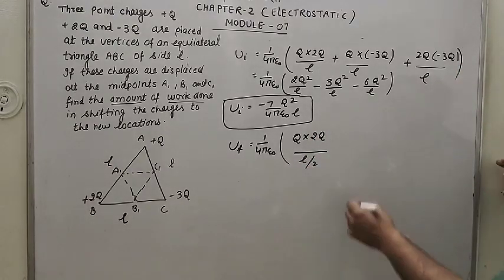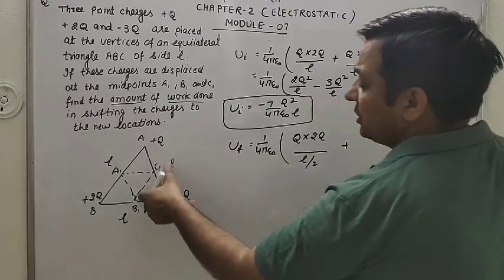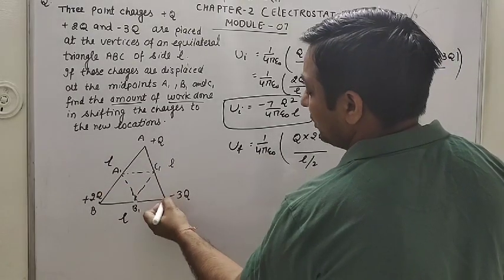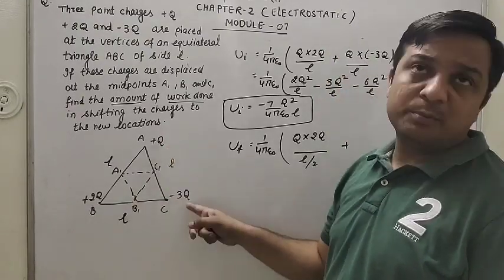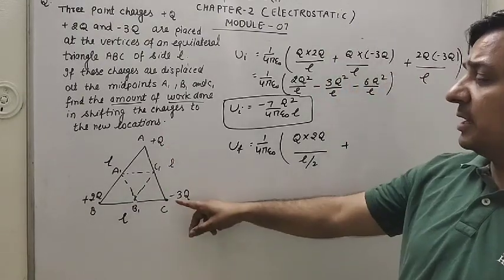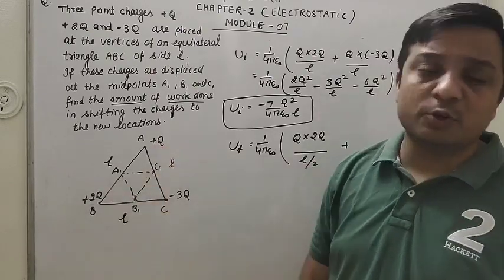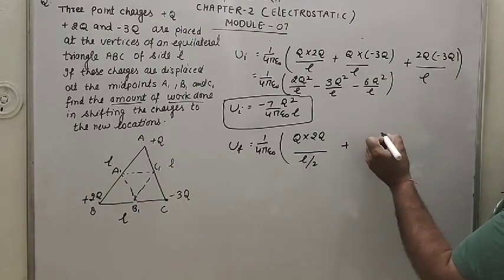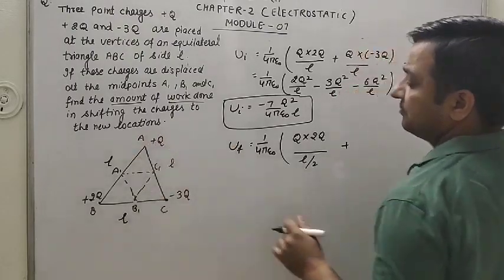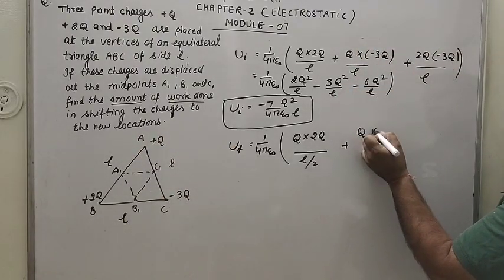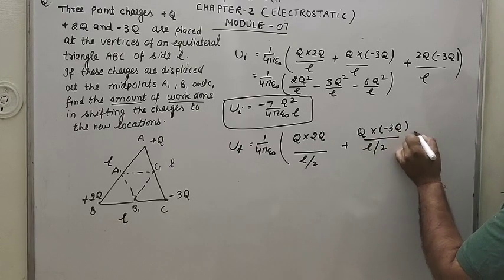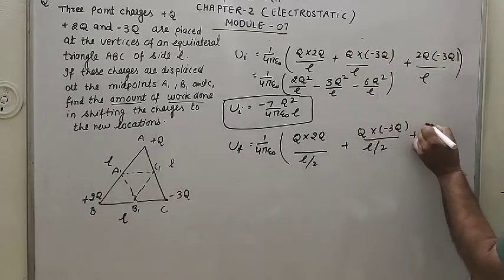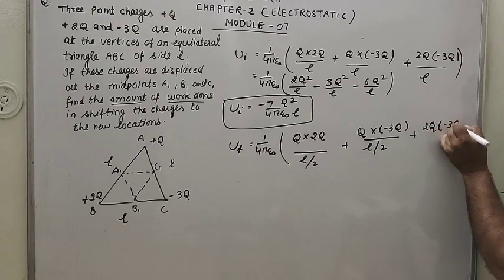Now plus, when minus 3q is brought to the location, there is the potential of plus q and of plus 2q, so for this we have q into minus 3q upon L by 2, plus, due to 2q, 2q into minus 3q upon L by 2.